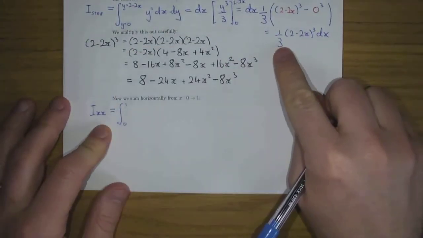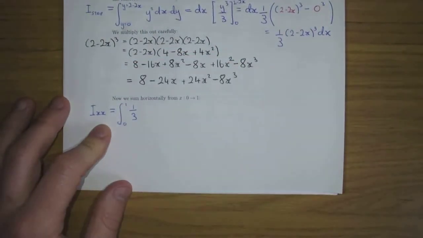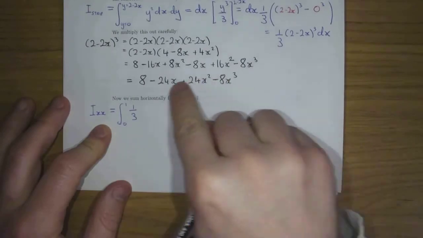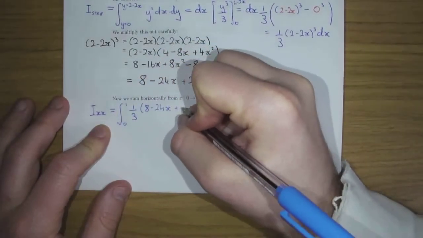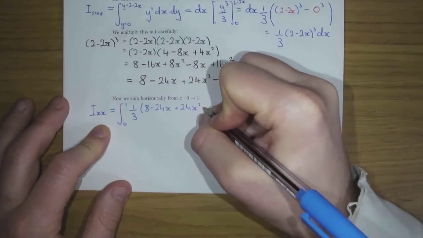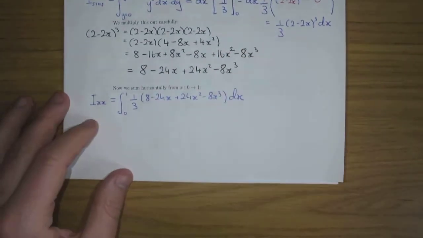And the second moment of area of each strip is 1/3 (2 minus 2x) cubed. Because of time, I'm going to write this. And I've got my dx knocking around as well.